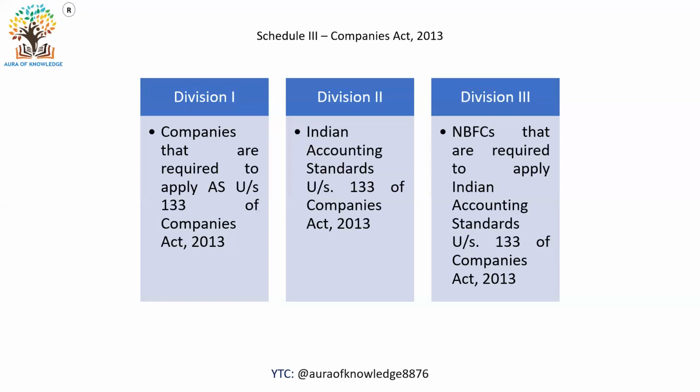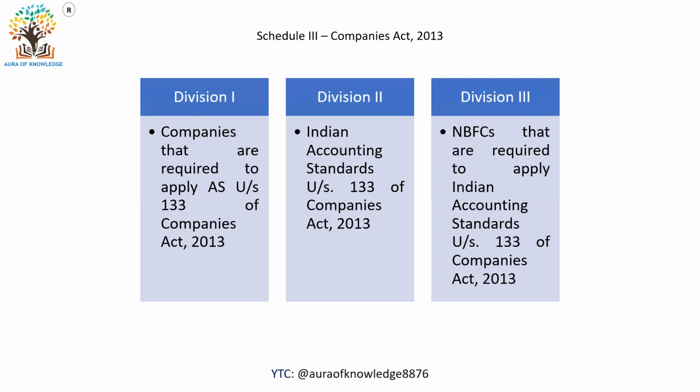Now, if you see Schedule 3 to the Companies Act, they have divided it into three divisions. One is for companies that are required to apply accounting standards under Section 133 of the Companies Act.